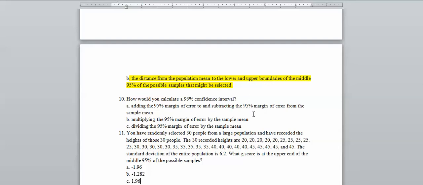It gives you two numbers. The confidence interval goes between those two numbers, it's the space between them. So it's choice A. You add and subtract. You don't multiply and divide like you would in these other choices.